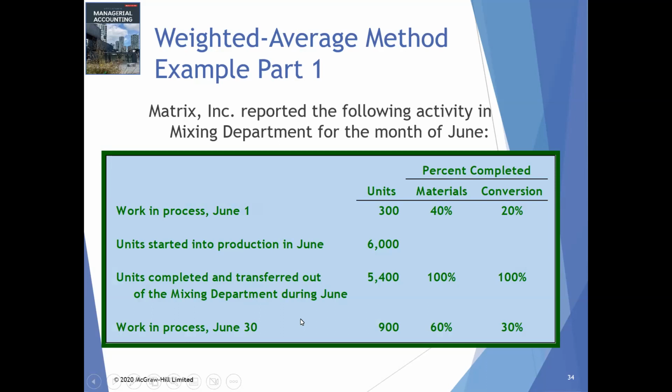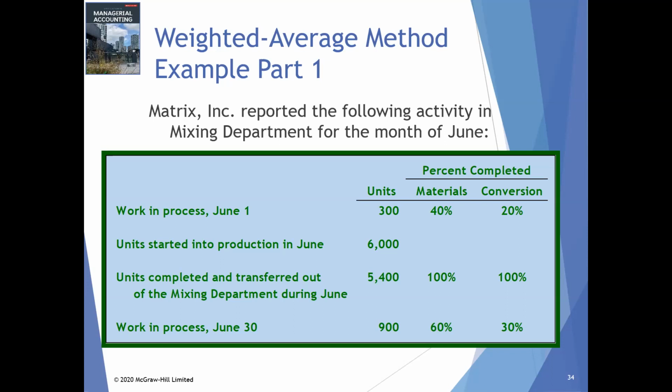So look at this. We have 300 units in the beginning of the month, June 1st. Then 6,000 units started into production in June. Now we can say 300 units plus 6,000 units, 6,300 units, were in the production process during this period of one month.